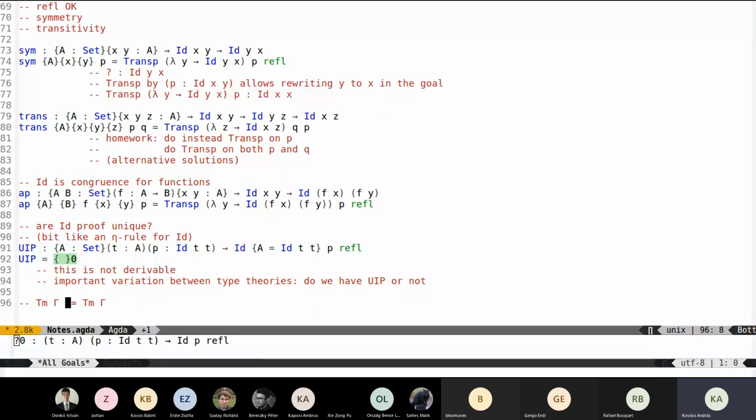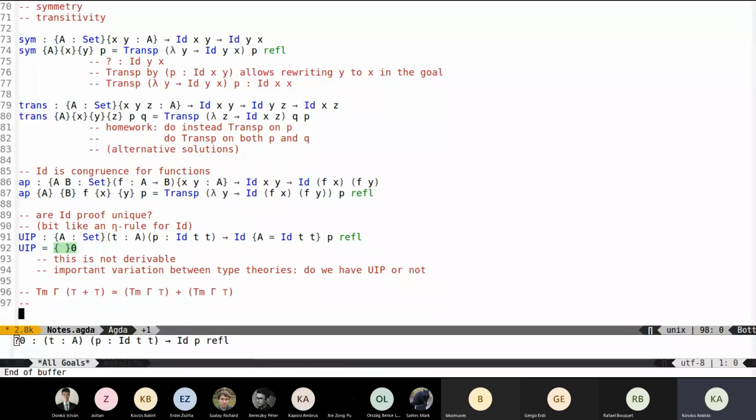Because bool can be viewed as the sum of top and top, we did not say that there is such an isomorphism to the meta-theoretic plus of Tm Γ top and Tm Γ top. But we did say that Tm Γ of Σ A B is isomorphic to a sigma of terms, and then the sigma is a meta-theoretic sigma.